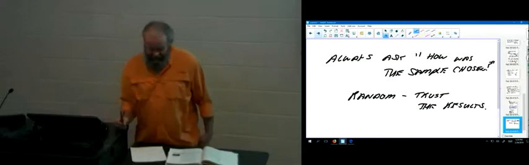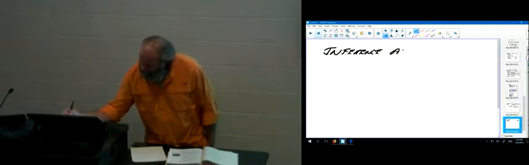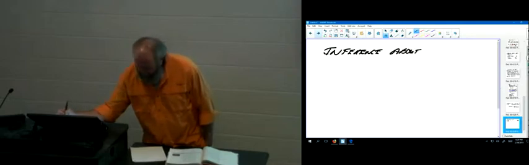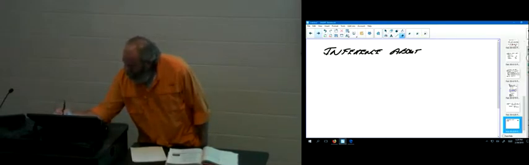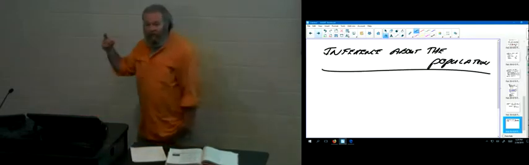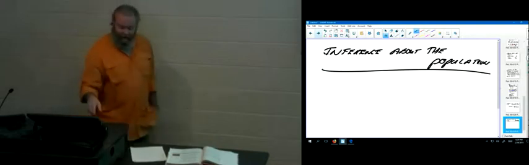My next thought is this. Inference about a population. So that's the blue arrow. Right? That's taking what you've learned from your samples and referring back to the question you had about your population.